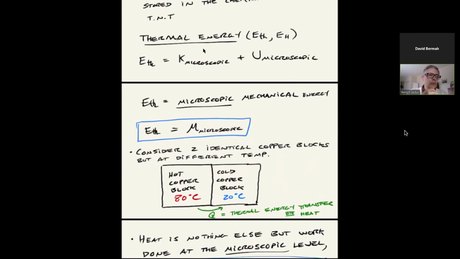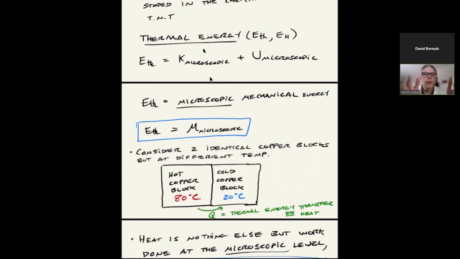How much is transferred, in the same way as work, right? Work is a transfer of energy. So heat is a process. It's not a state. Energy is a state variable.